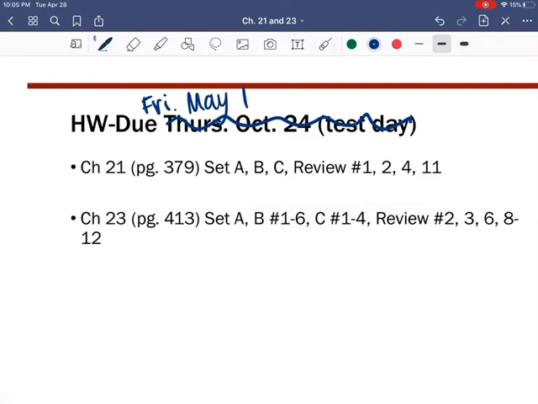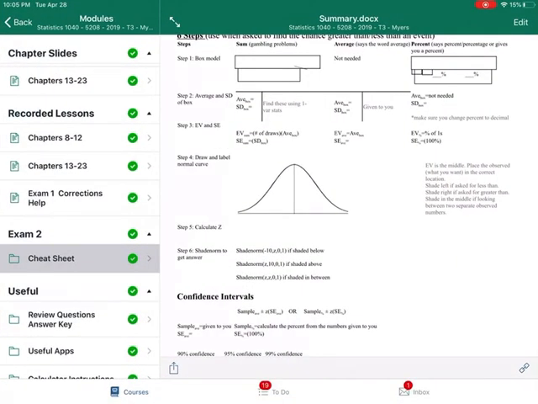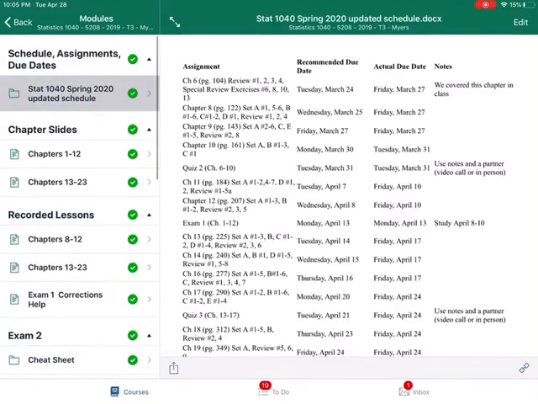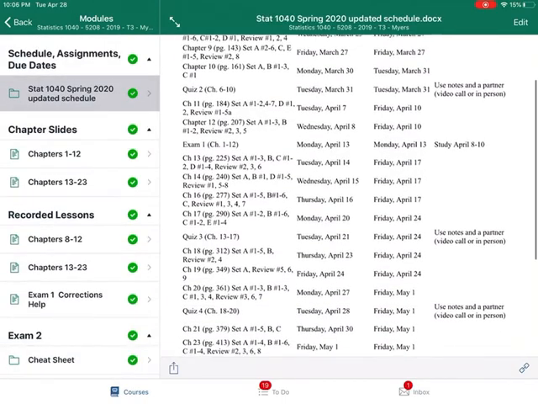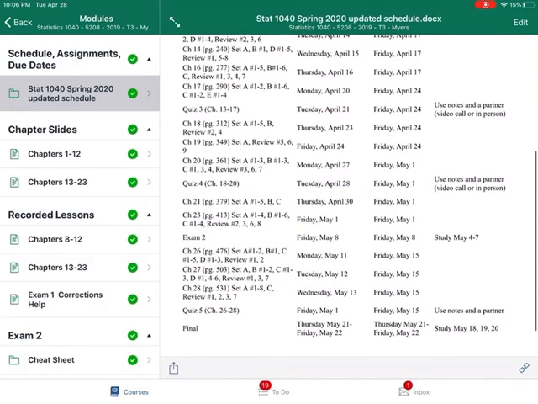And the assignments. Let's just pull up the assignments on here. So the assignment for chapter 21 and 23 can be found right there towards the middle of the page.